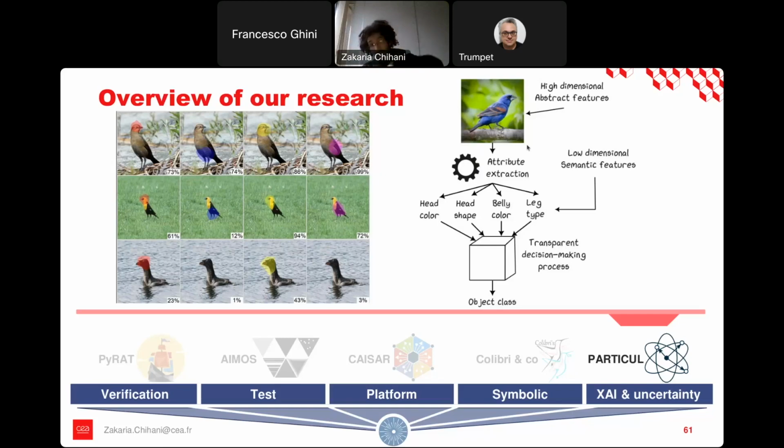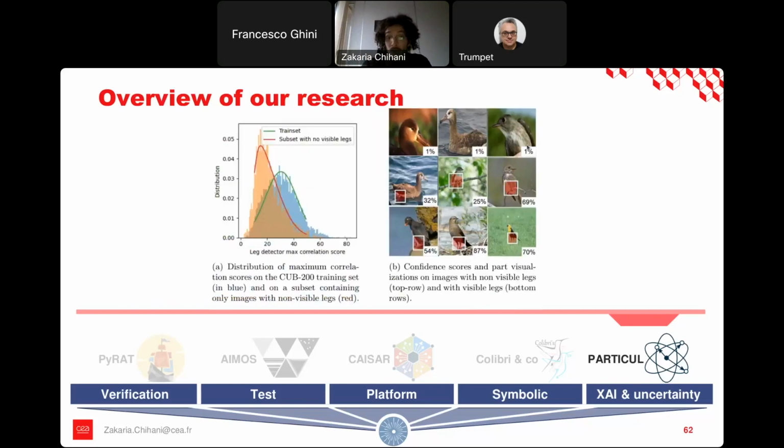And then for the decision-making process, you have a transparent, I don't know, decision tree, for example, a transparent AI model. So you can use particle as a first step in the case-based reasoning framework. But because we have the confidence measures, we can also use it as an out-of-distribution detection mechanism.